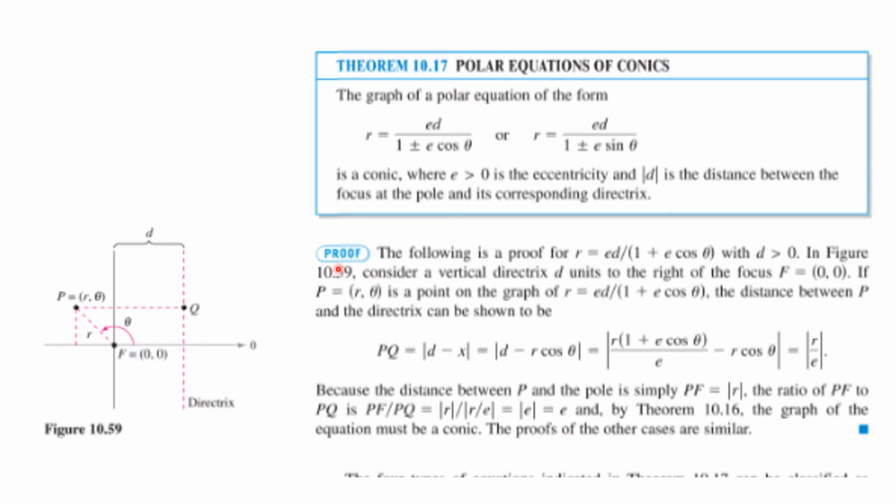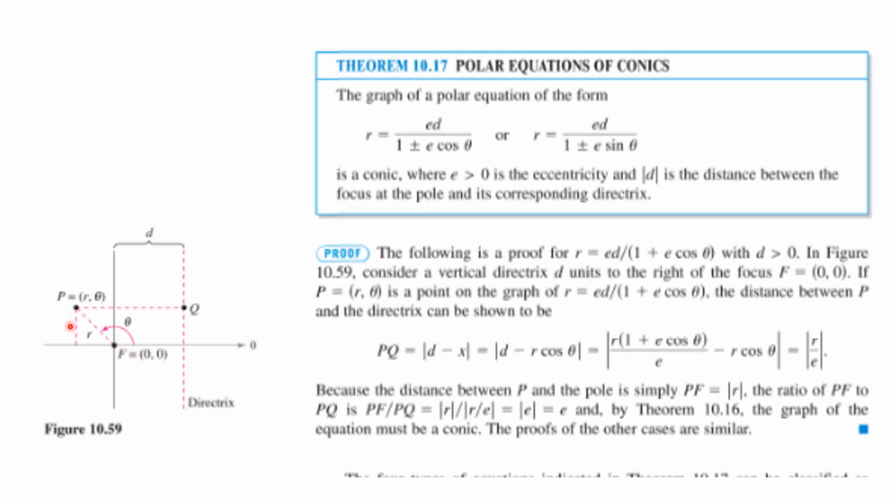Okay, so here's the proof. What we're going to do is, without loss of generality, prove it for the plus sign here with a cosine, with d greater than 0. So this is the figure that we set up. Here is our directrix. There is our focus.